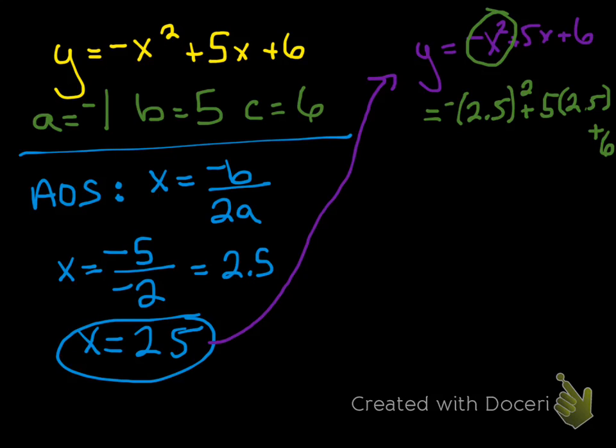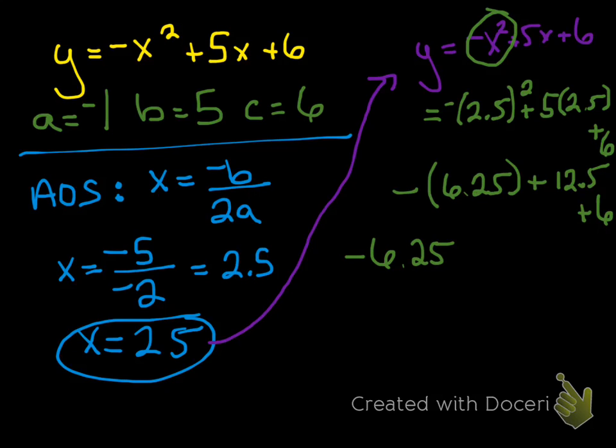Alright, so the negative of 2.5 squared is negative 6.25. 5 times 2.5 is 12.5, and then we're going to add 6, so this becomes negative 6.25 plus 12.5 plus 6.